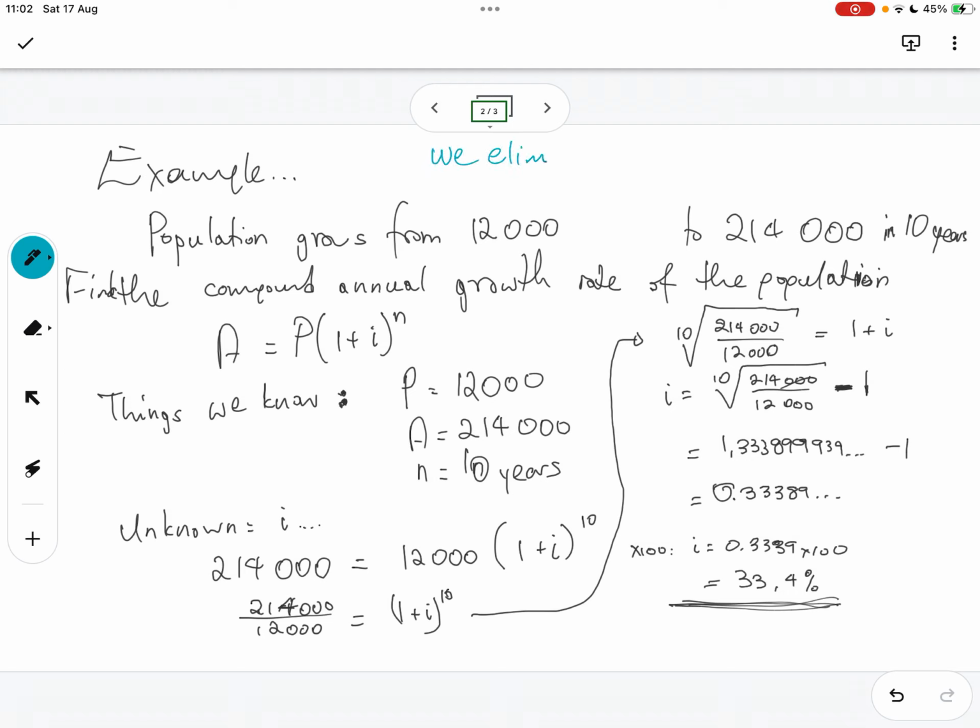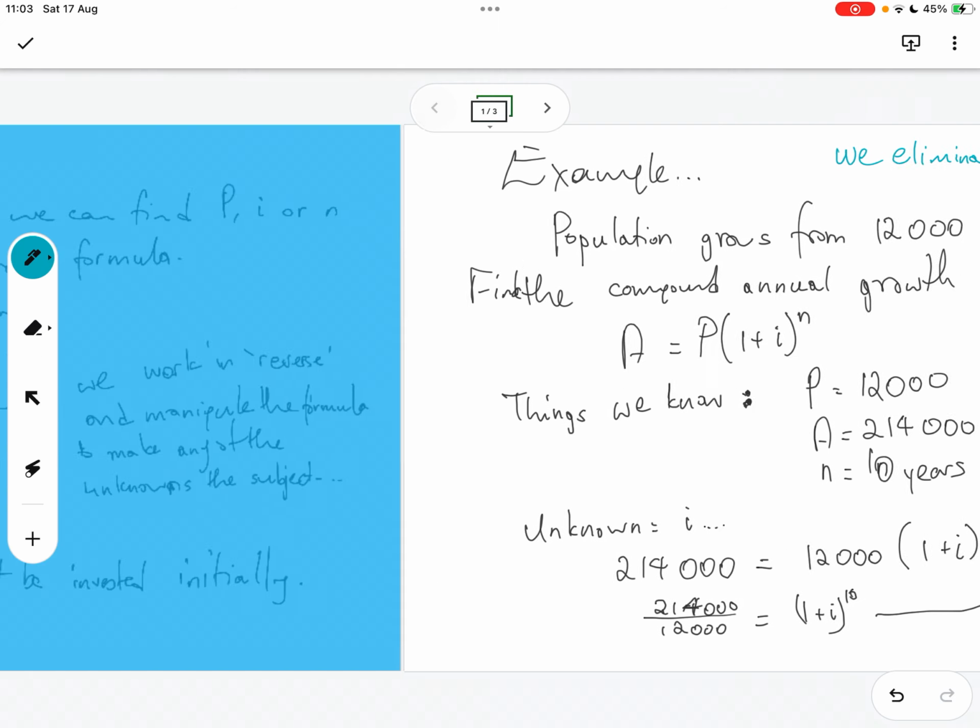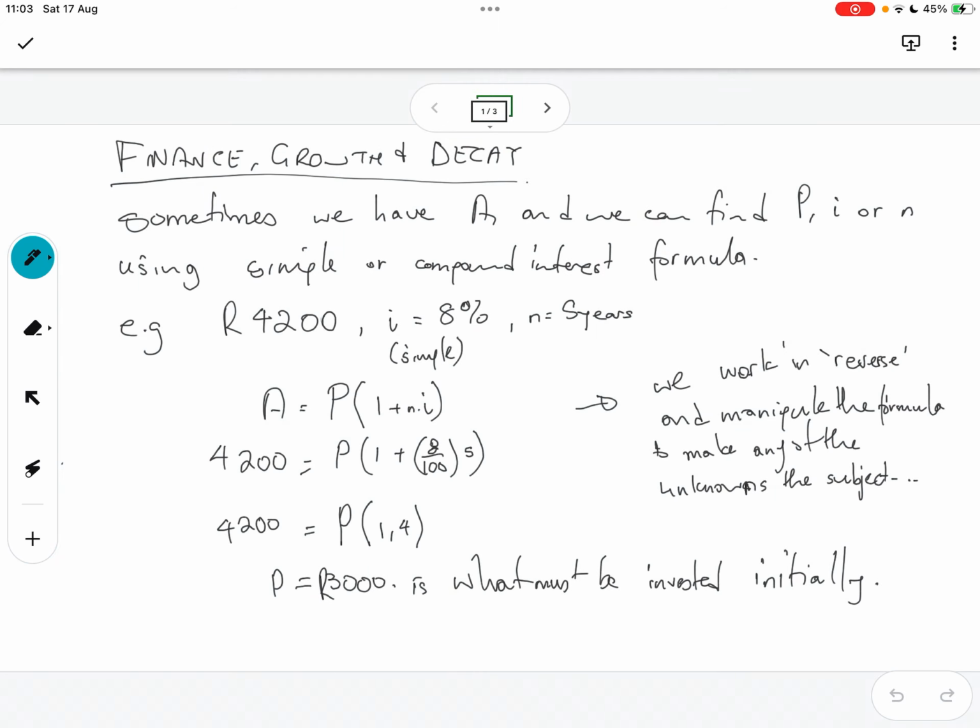So let me just put in blue here. So here we eliminate the exponent outside of the bracket. In the first one, we're solving.